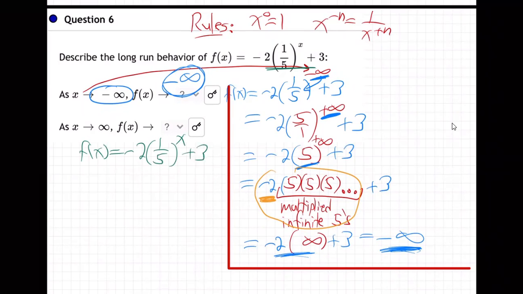And now we're going to plug in infinity for x, regular positive infinity. So what are we going to get? What's f of x going to do? Minus 2, 1/5 to the infinity, regular infinity, plus 3.